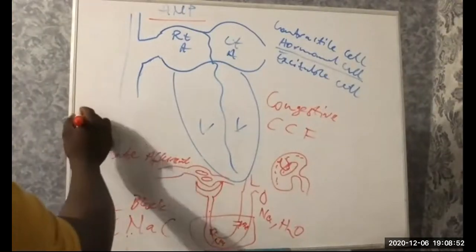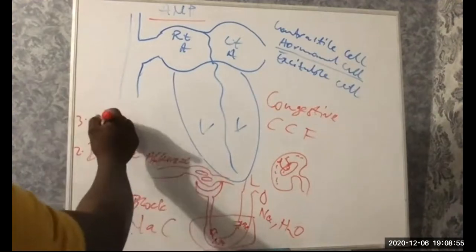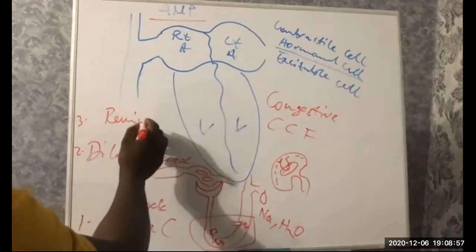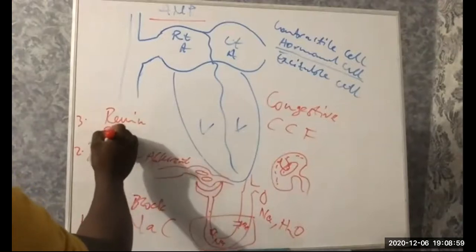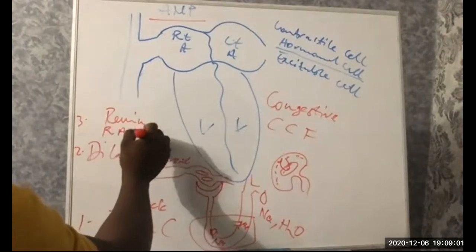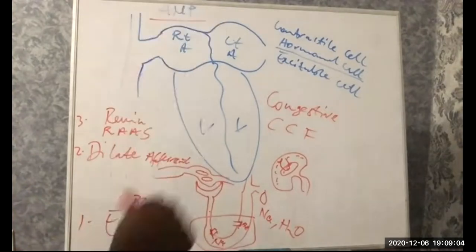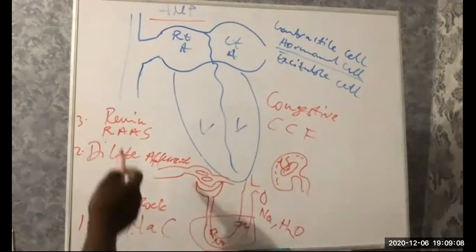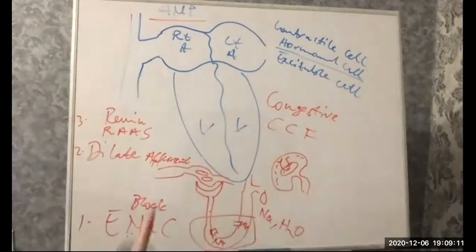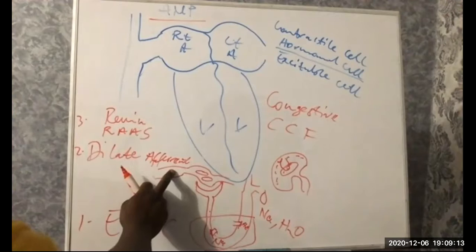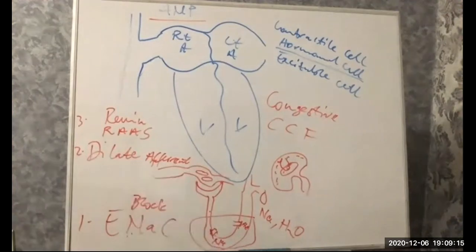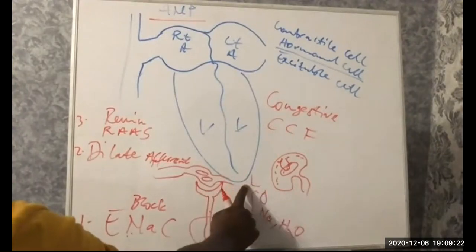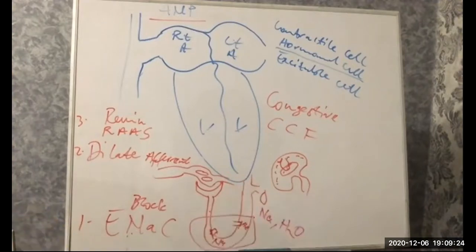It also inhibits the release of renin, okay? Once it inhibits the release of renin, what is going to happen? It means that the renin, angiotensin, aldosterone system will be decreased, will be inhibited. So there will eventually be no angiotensin, which will cause vasoconstriction here. And two, there will be no reabsorption of sodium and water at the distal convoluted tubules.